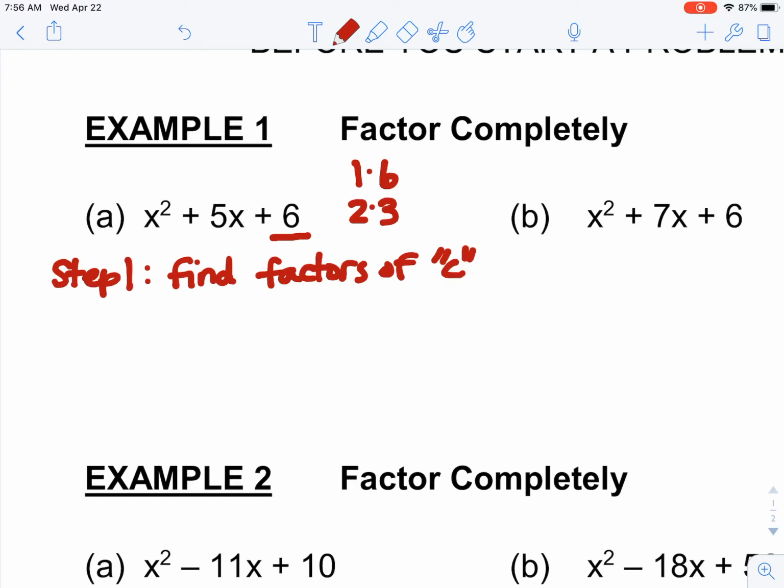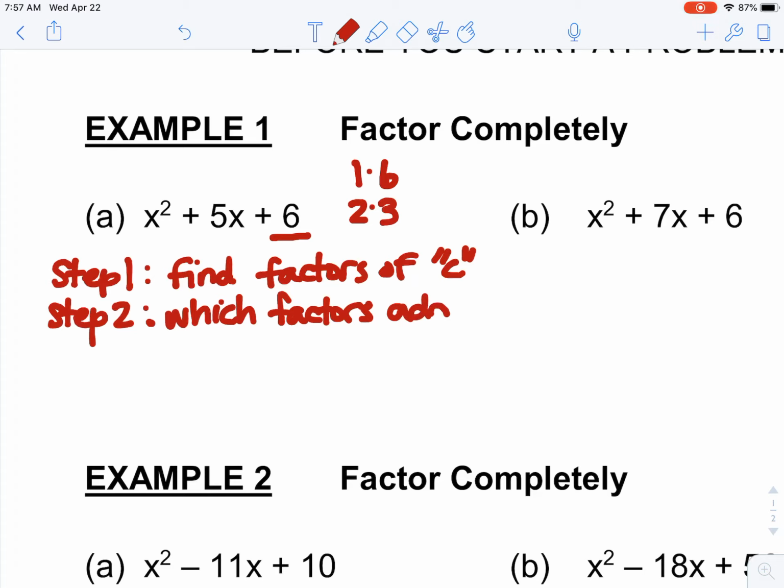Okay, so the next step is which one of those factors add to equal 5? So that's b. I'm looking at either 1 and 6. Does 1 plus 6 equal 5? No. 2 plus 3 equals 5. So those are my factors. So I know my factors are x plus 2 times x plus 3.